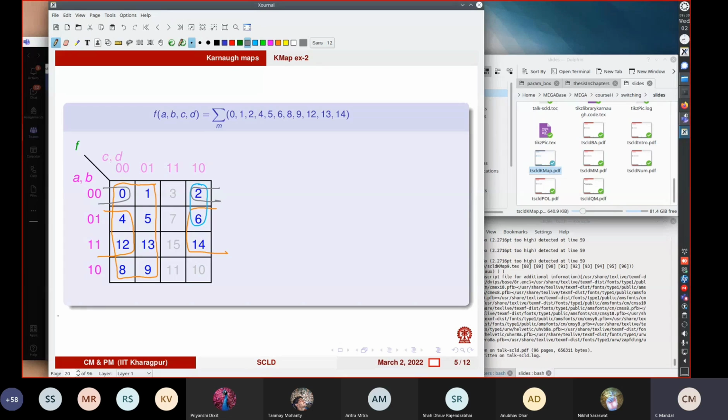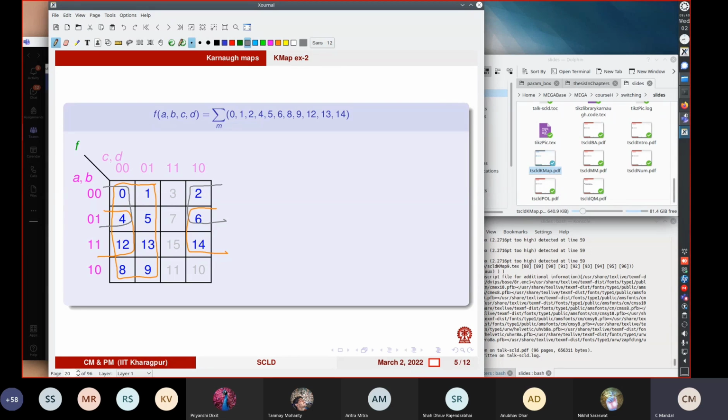I don't think any further grouping is possible. Instead of grouping only 2 and 0, can we group 2, 6, 0, 4? Oh yeah, sorry, I just noticed that. In fact, that's right. So you can group it like this. Yeah, exactly.